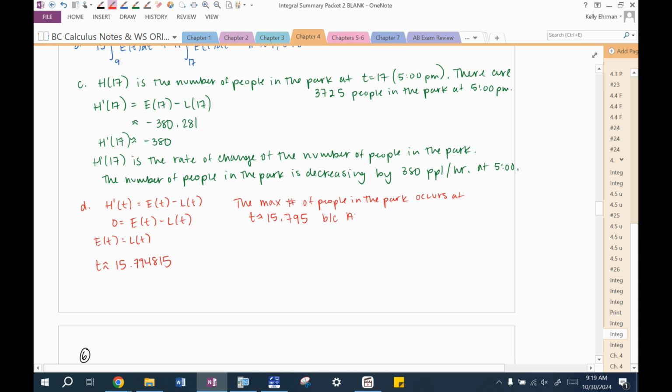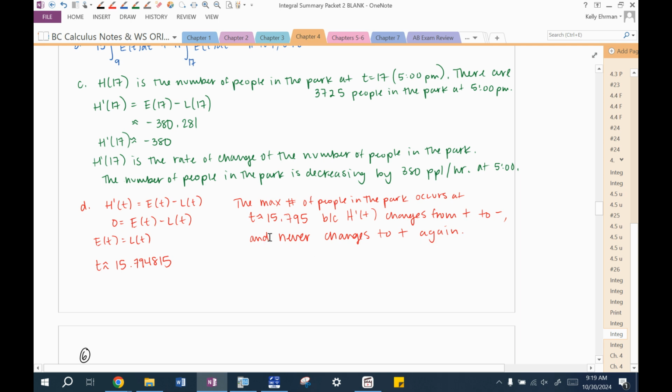Because h prime of t changes from positive to negative and never changes to positive again. For the real AP test, write out positive and negative instead of pluses and minuses.